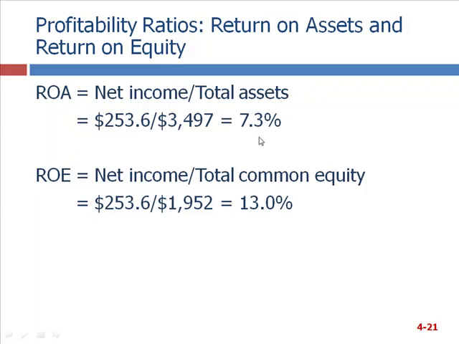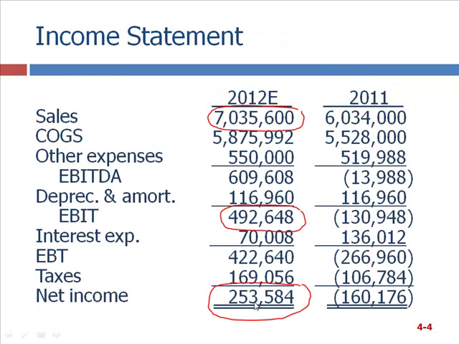We might also want to focus a little bit more not just on total assets and on all the investors, but because as managers we're supposed to be thinking about shareholders, we might want to focus on stockholders' equity, total common equity. So in this case, we might calculate return on equity if we were particularly wanting to look at it from a shareholder's point of view, and take net income divided by total common equity. Obviously, you can get your net income from the income statement, just like we had before.